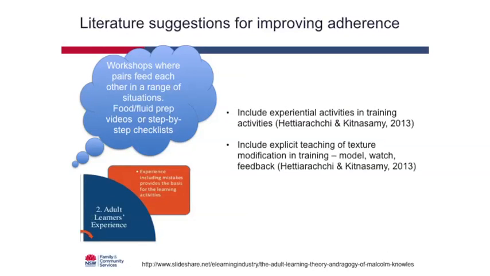They also did when they included explicit teaching of texture modification in training, and they used a feedback cycle of modelling, observing and feedbacking, is that a word? Giving feedback to the person. So that really links with the second principle of adult learning, that adults need to learn from experience.